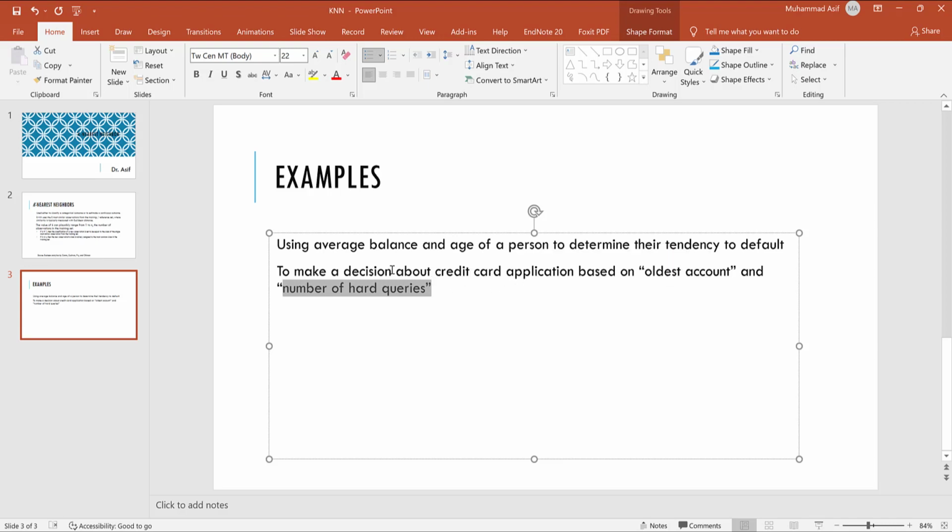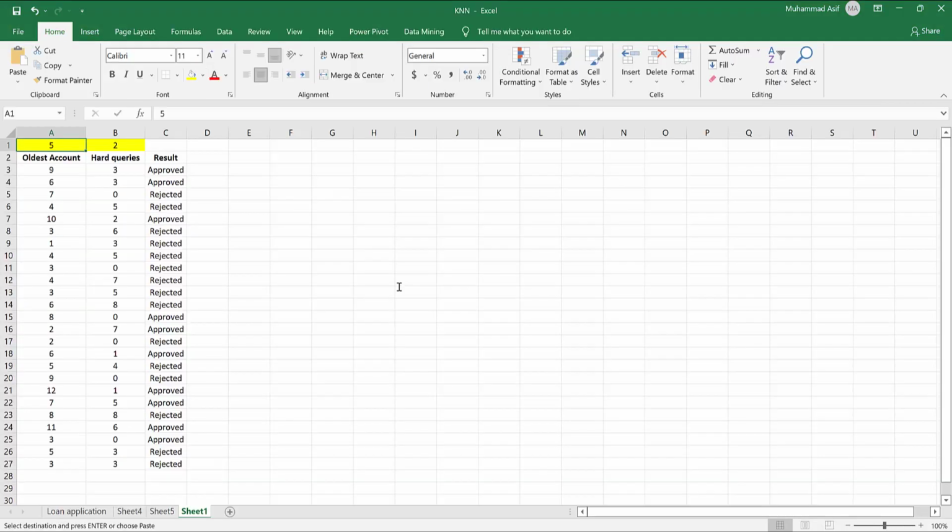Now a manager would collect data about the application, that will be called the query. So they will see how many years old the applicant's account is and how many hard queries they have on their account, and then they will compare it against existing data, and a decision would be made accordingly. This example is about a credit card application.